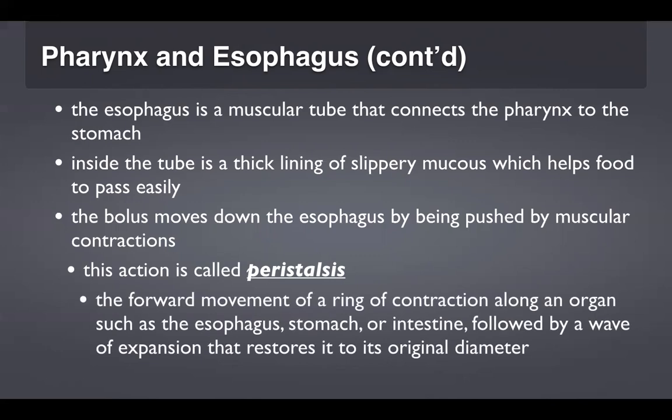The forward movement of a ring of contraction along an organ, such as the esophagus, stomach, or intestine, followed by a wave of expansion that restores it to its original diameter. That's the definition of peristalsis. So it's moving food particles along the way by squeezing itself, and then it relaxes afterwards. Another analogy for this is when you're squeezing a tube of toothpaste. That's like the ring contraction of peristalsis.